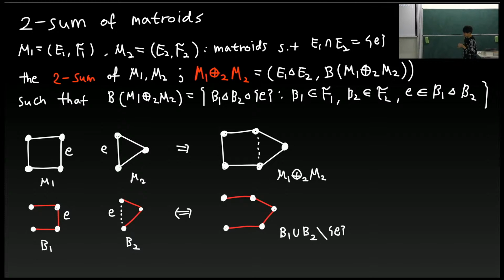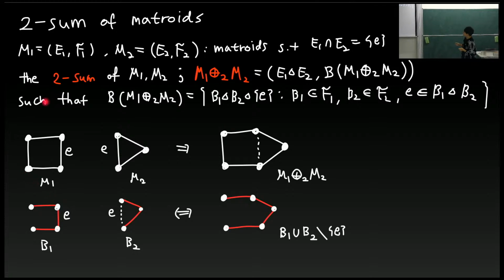Then we define the two-sum of matroids M1, M2 as a matroid defined on set E1 delta E2, whose bases look like this. But I'm going to explain with an example.